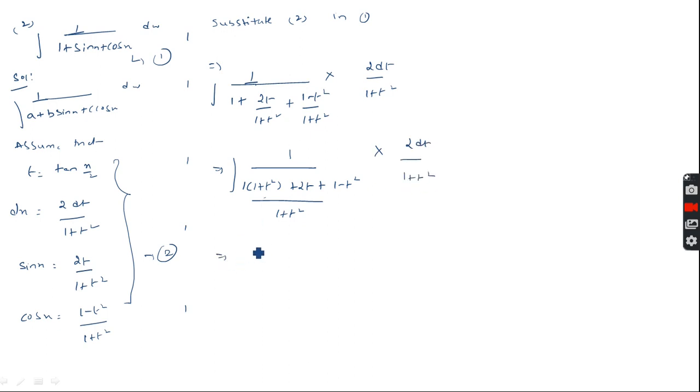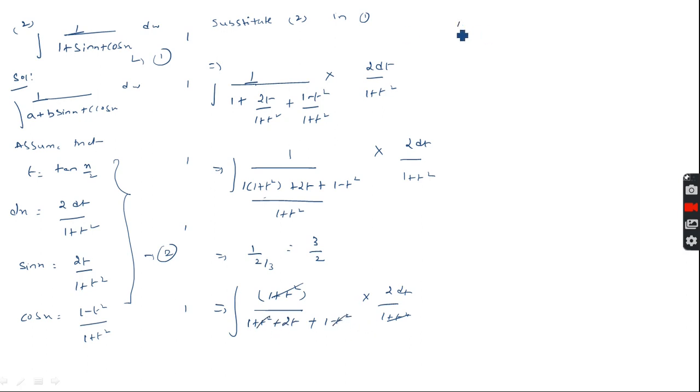And we know this one, I already explained that 1 by 2 by 3 can be written as 3 by 2. So for that it will be written as 1 plus t square by, and we simplify this part, 1 into 1 plus t square plus 2t plus 1 minus t square, into 2 into dt by 1 plus t square. 1 plus t square and 1 plus t square cancelled, and plus t square minus t square is cancelled.